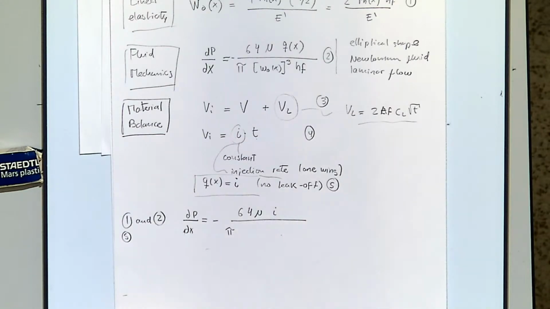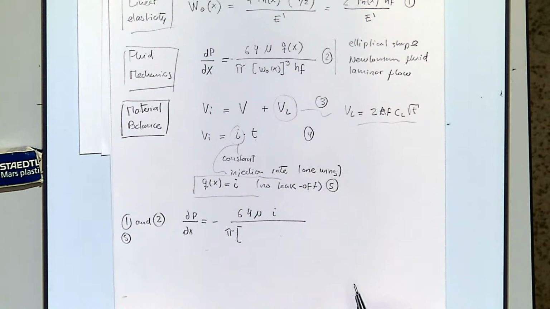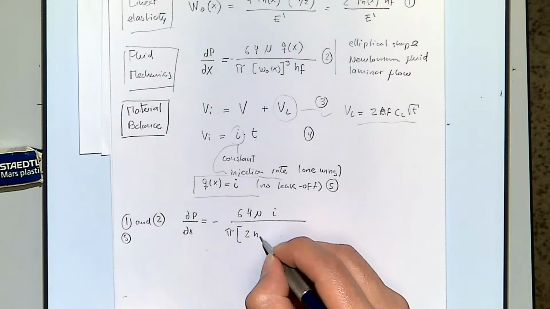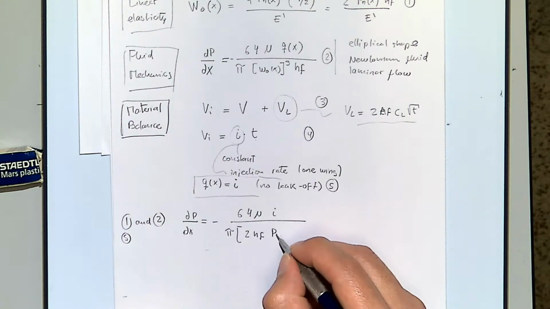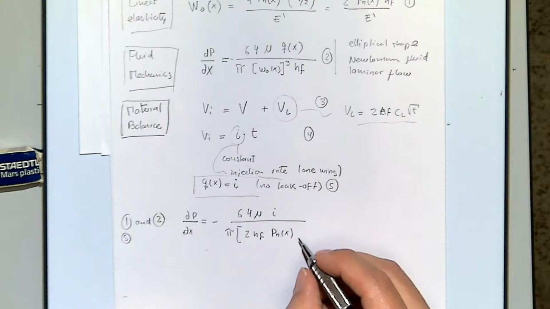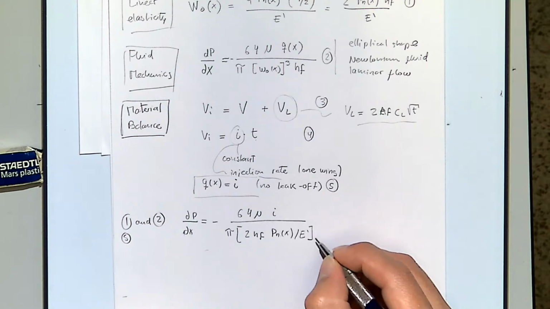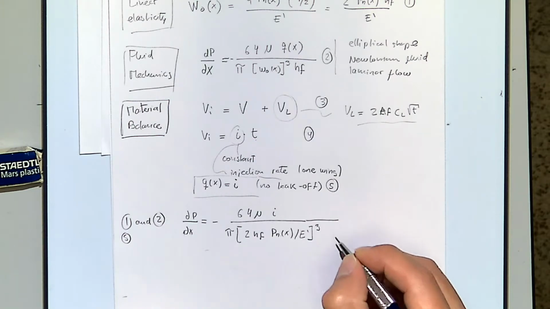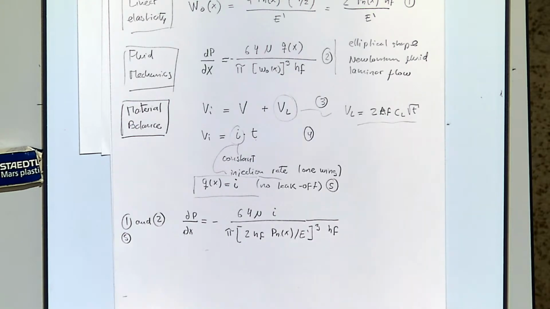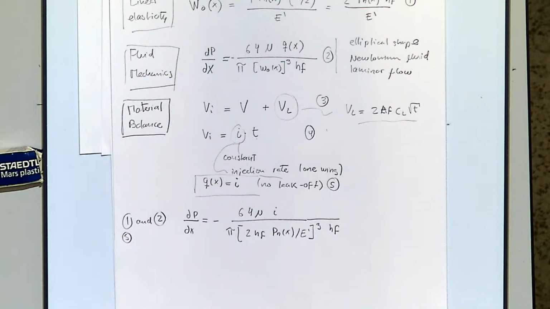I put the width from equation 1 in here, and this is 2 HF P net, Q times HF. So I just put the width in here and replace QX by I, assuming that there is no leak off. So I can simplify this a bit.